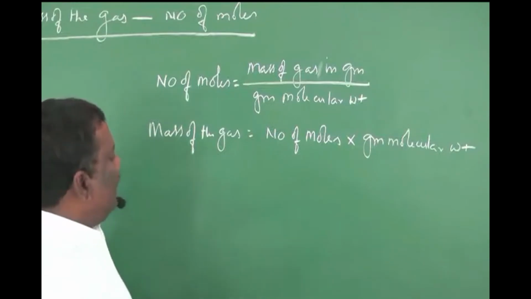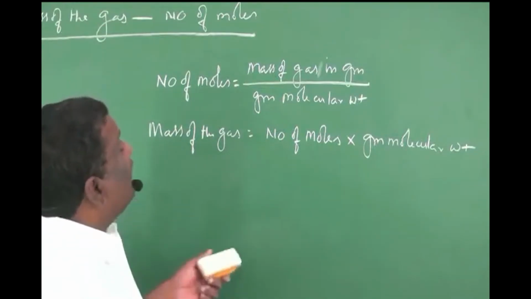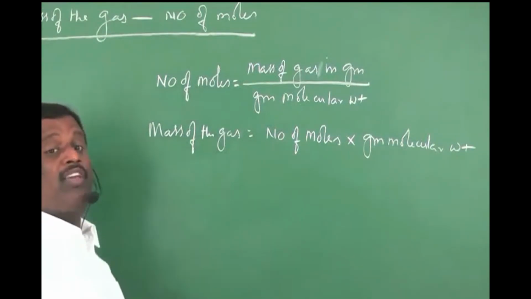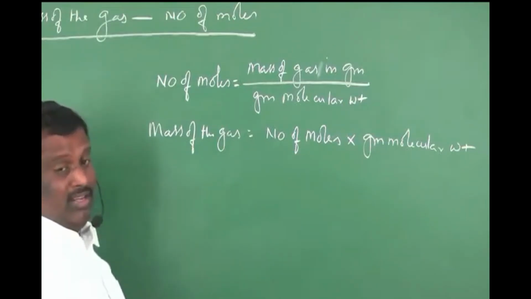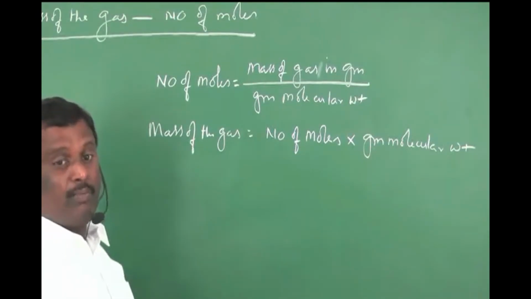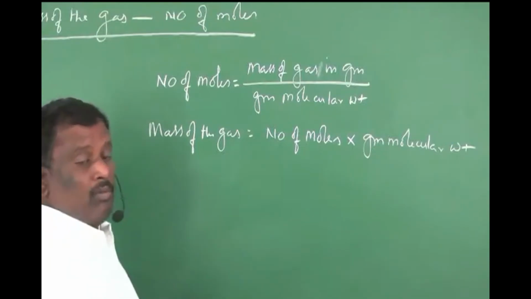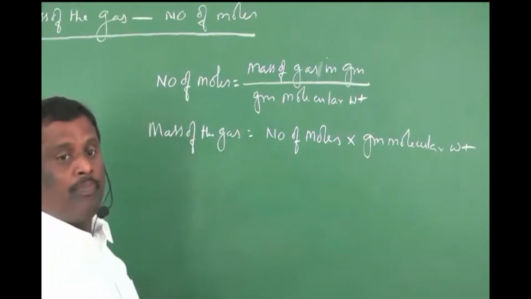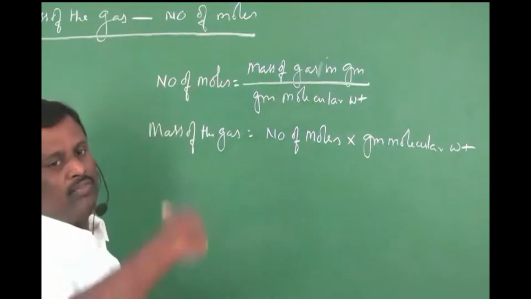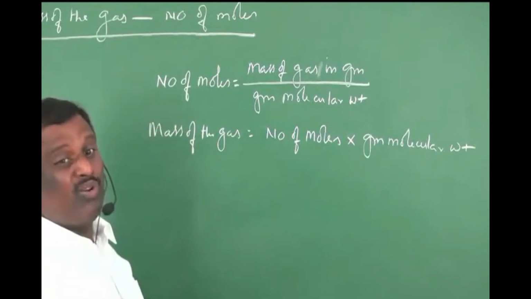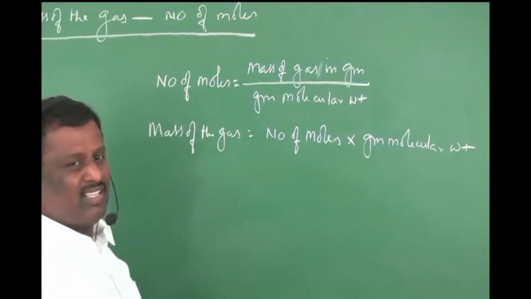Understand? Sometimes they may ask you the gram molecular weight without giving any name of that substance. They will give you: what will be the gram molecular weight of the substance if 20 grams of this substance contains 2 moles? In such cases, gram molecular weight can also be calculated.